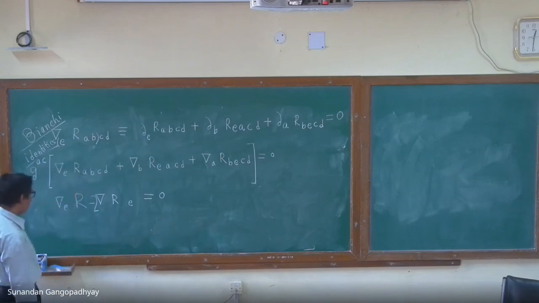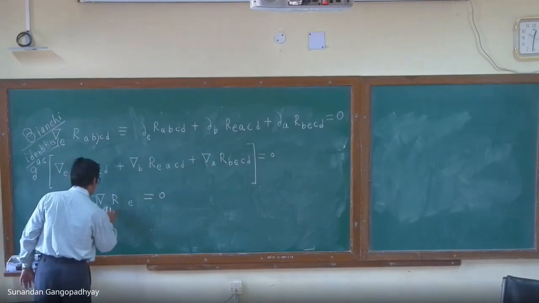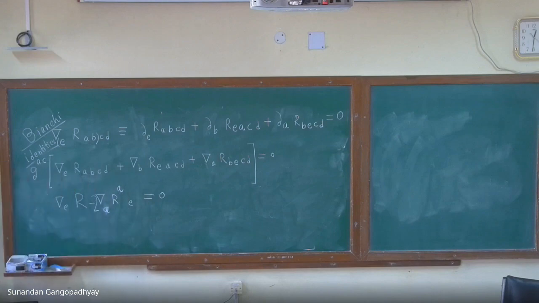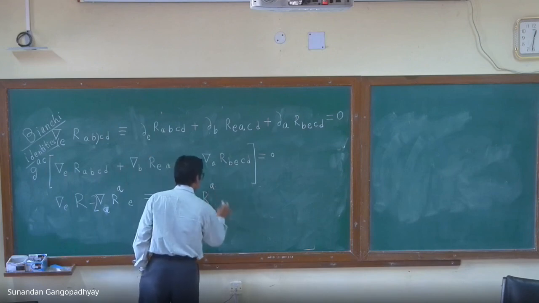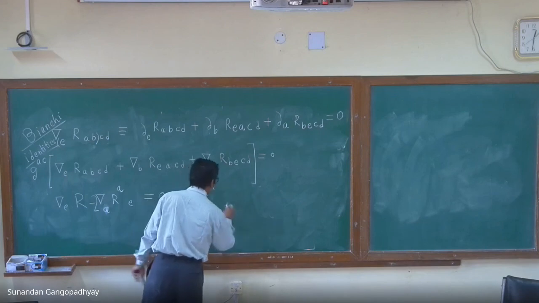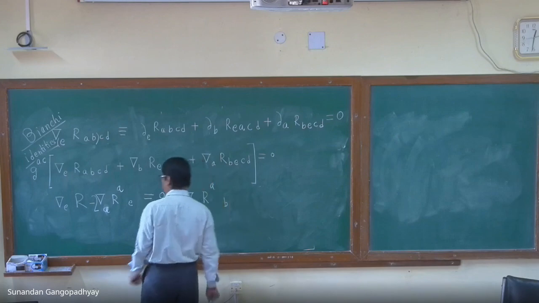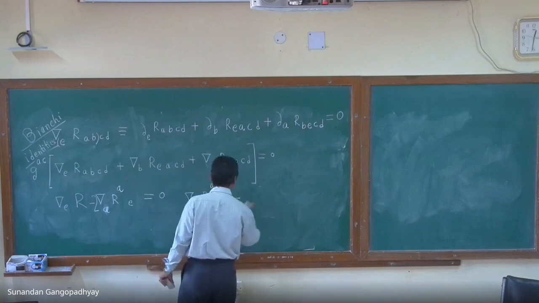I made some mistake, right? Okay. So this is fine, and therefore you can write this as grad A R A E. So let me now replace this by B. E minus or equal to.